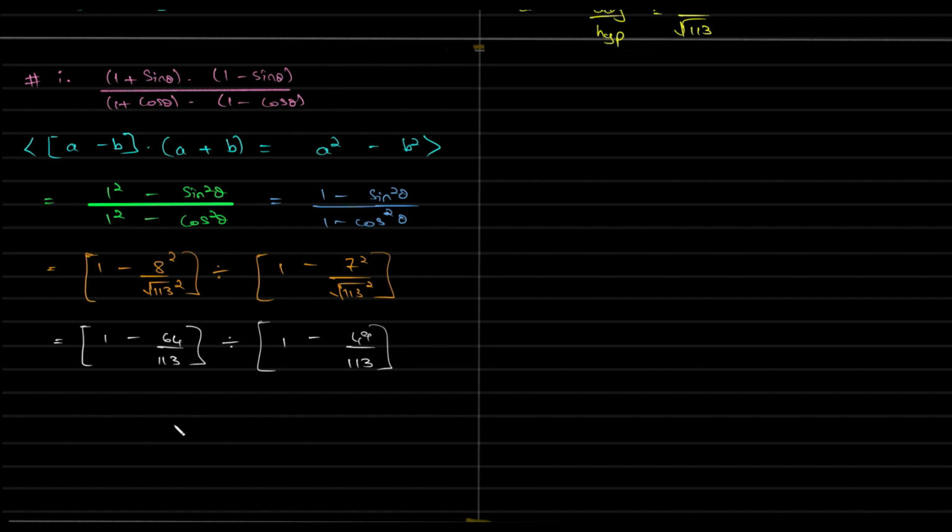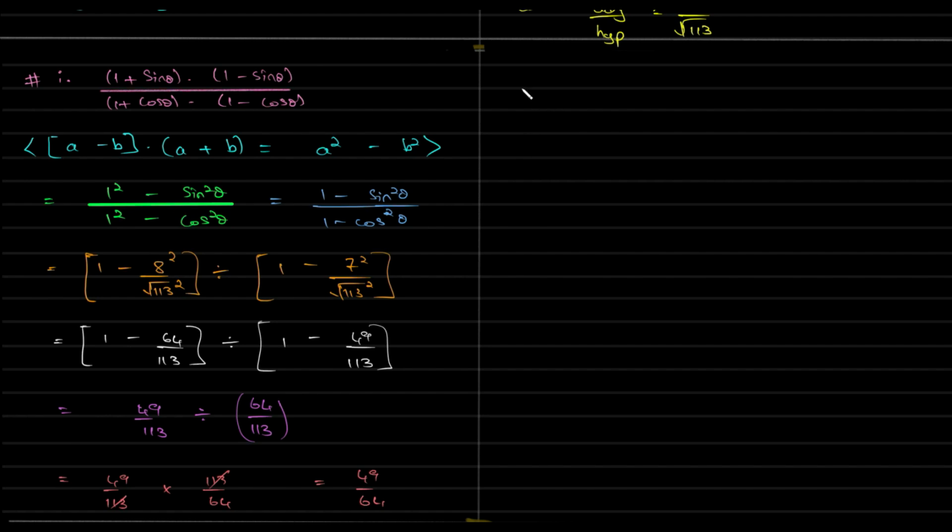This is just a matter of taking LCM and subtracting. So this will be 49 by 113 and this will be 64 by 113. So this will turn out to be 49 by 113 into 113 by 64. We are converting division to multiplication. So this and this will get cancelled and your answer is 49 by 64.